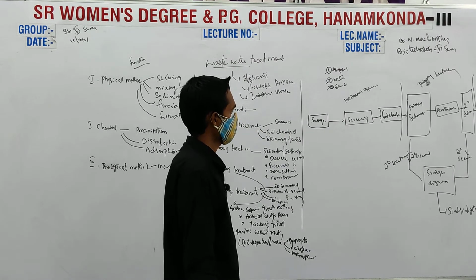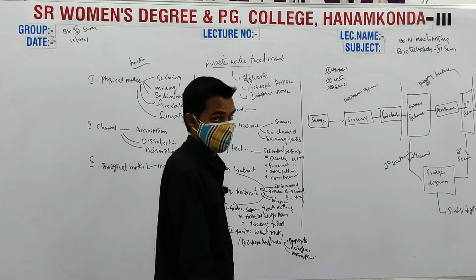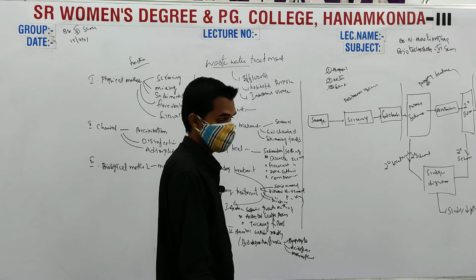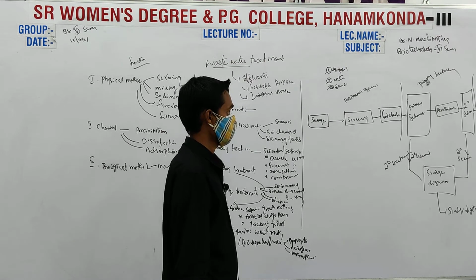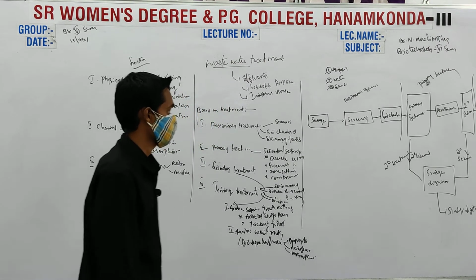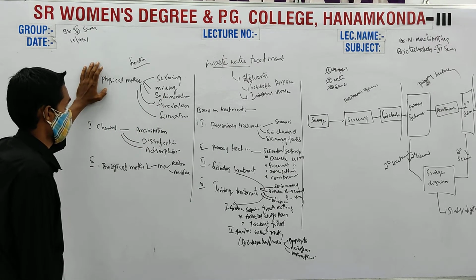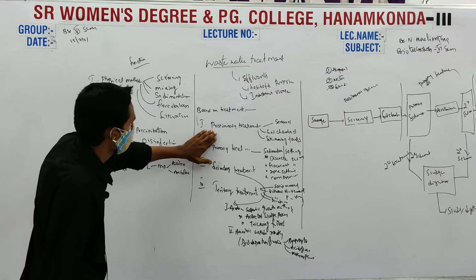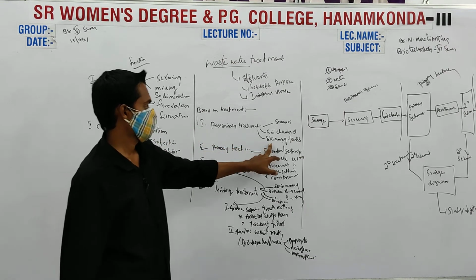Whatever sewage is coming from household or industrial purposes has to be treated in order to reduce the contamination of the environment. First the sewage water has to pass through preliminary treatment, which includes screening, grit chambers and skimming tanks.